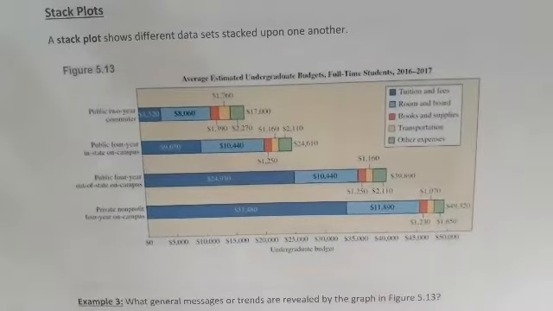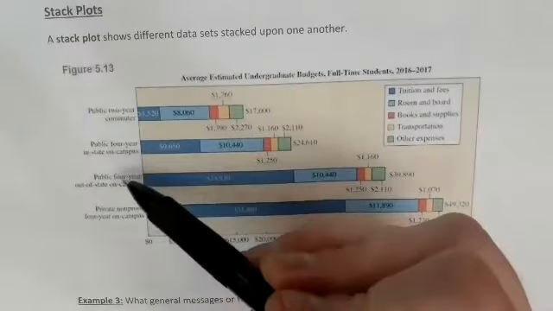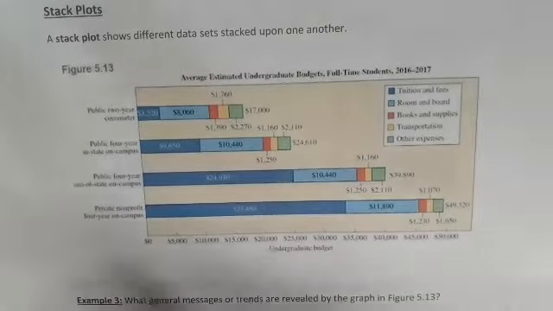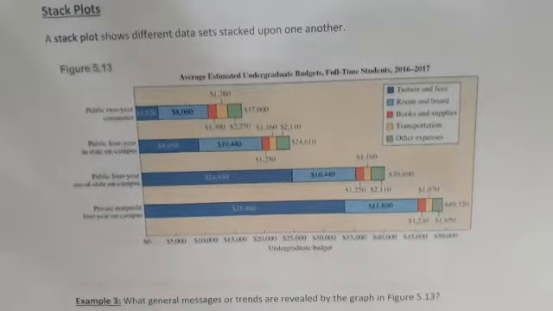So they go with a public 2-year, public 4-year in-state, and then a public 4-year out-of-state. And whether it's public or a private nonprofit is the last one they have on here. So private nonprofit is going to be the most expensive.